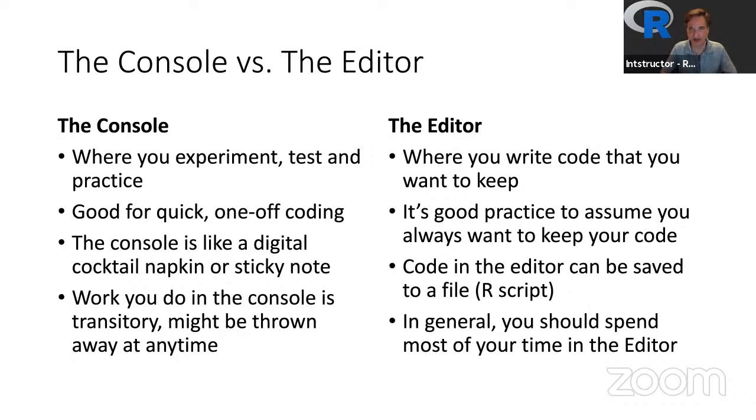You might practice some things in the console, but really it's the editor where you want to type that code that will allow you to save the work that you've done. Anything you type in the console could go away at any time. It's meant for practice. The editor is where you type code and you can save it to a script file for reference in the future. I'll show you how you can execute code both from the console and the editor. Any questions about either of those things?